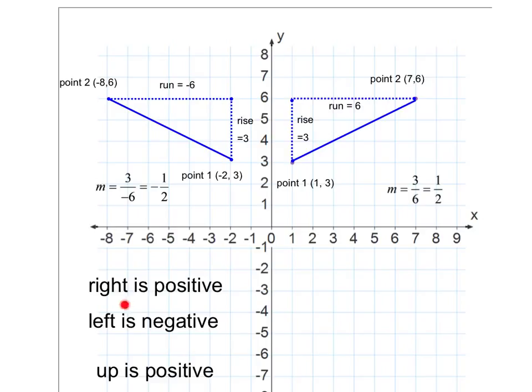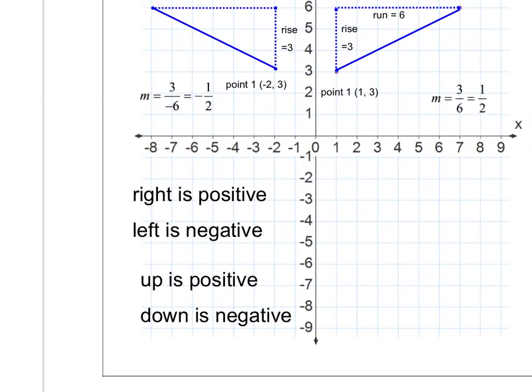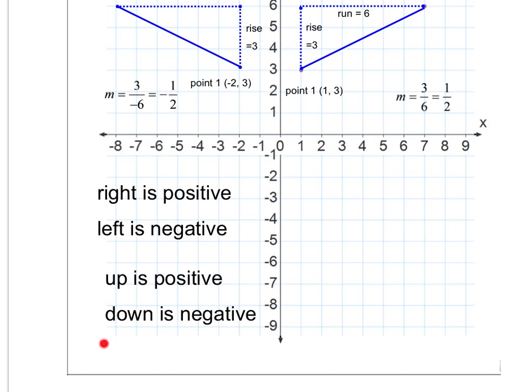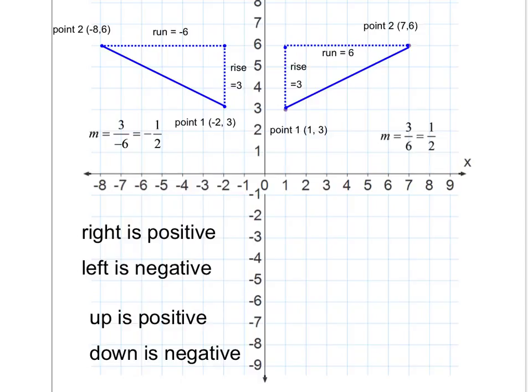So remember, moving to the right is positive, moving to the left is negative, moving up is positive, and moving down is negative, right? So over here, either way you do it, and that's what Morgan was kind of getting at.